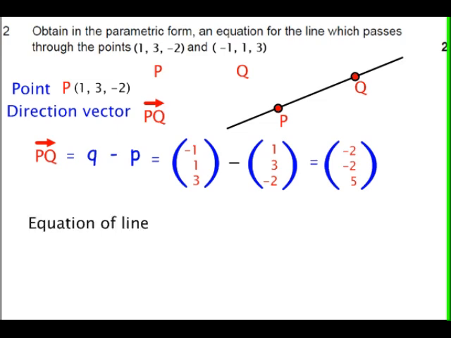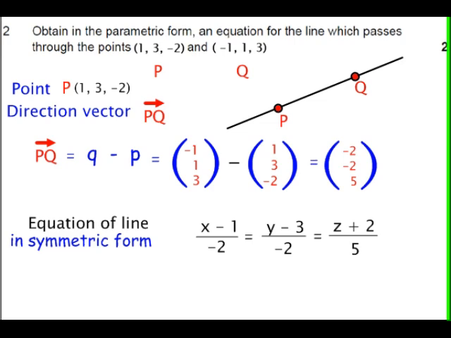The equation of the line will be given by x minus 1, y minus 3, and z minus 2 on the top, and on the bottom we place our direction vector -2, -2, 5. This will then be the equation of the line in symmetric form.